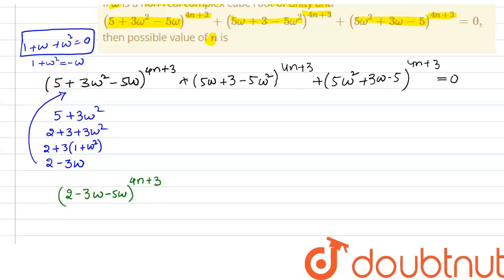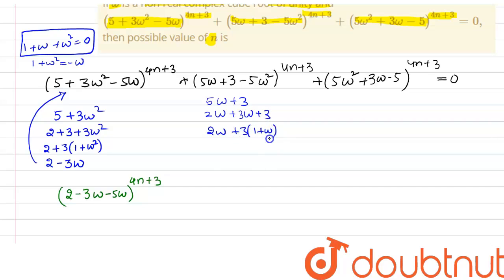Now let us see if we can do similar calculations in the second part. In the second part, let us take 5 omega + 3. What can we write 5 omega + 3 as? This can be written as 2 omega + 3 omega + 3, which is 2 omega + 3 (1 + omega).